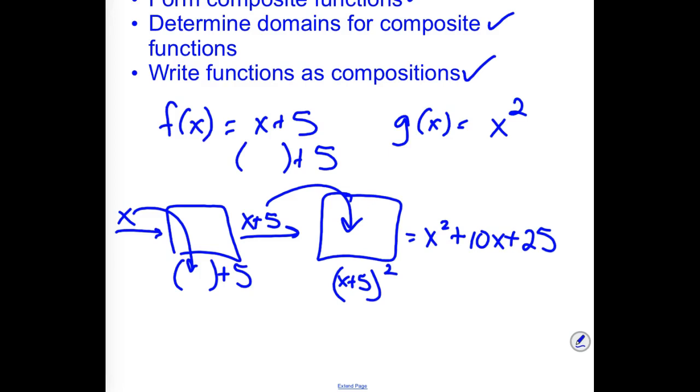FOIL it out. So when we do a composition, we're taking one function, it spits this out, we're dumping it into a second function, and it's going to spit out something else. Okay?